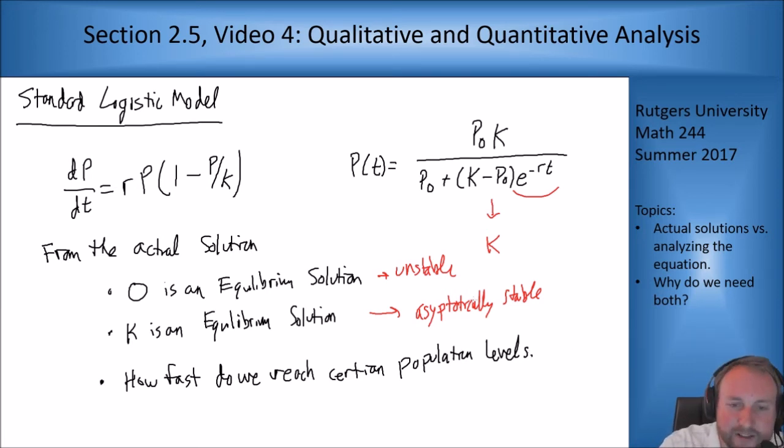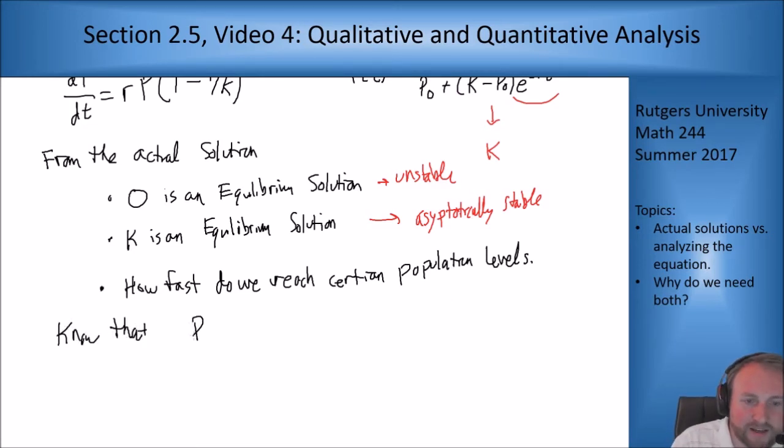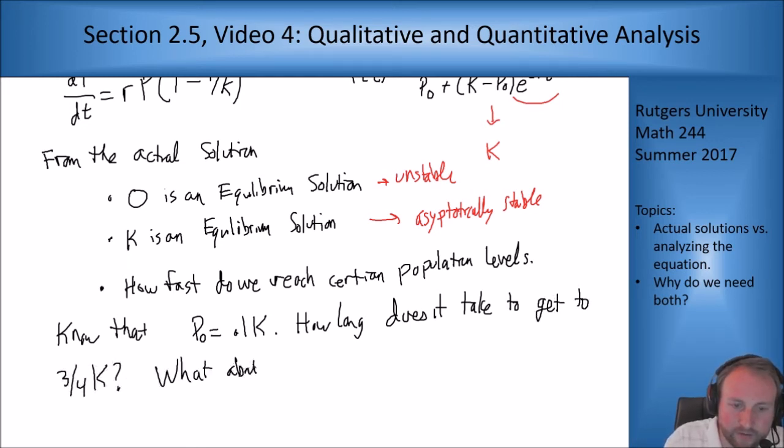So let's say, for instance, that I'm starting with P0 equals a tenth of my carrying capacity, just for convenience's sake. How long does it take to get to 3/4 the carrying capacity? What about 99 out of 100 of the carrying capacity?